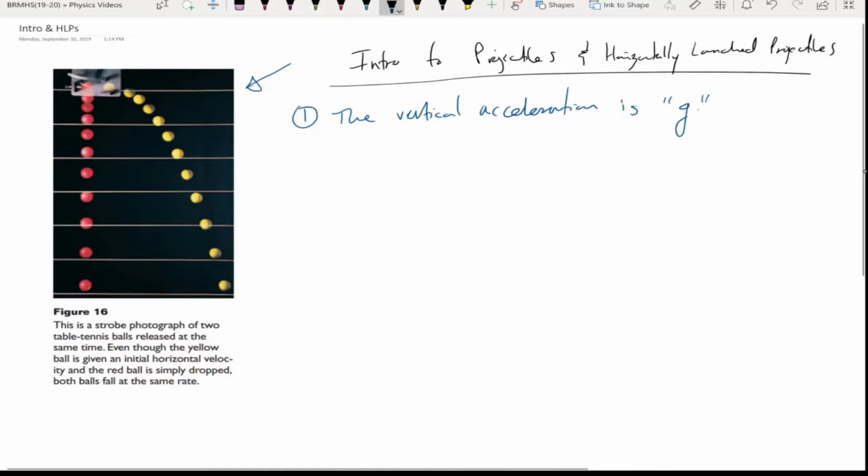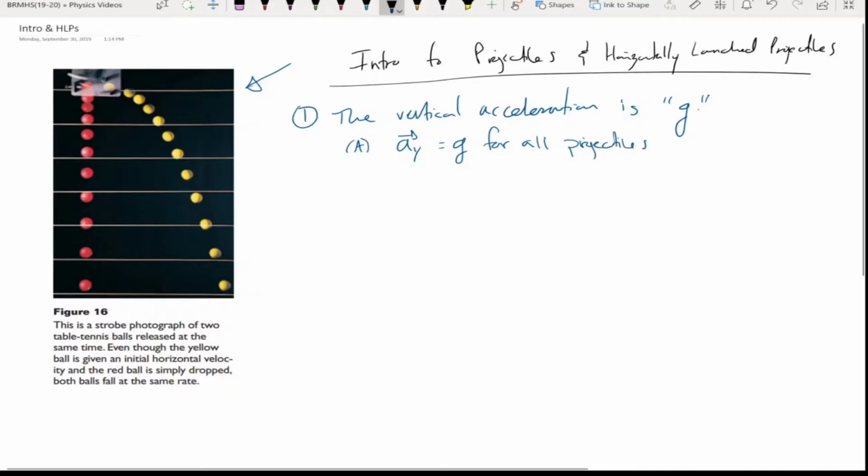That's true for all the projectiles we deal with, whether they're projected horizontally or if you launch them up at an angle, if you launch them off a cliff with a down angle, the vertical acceleration is little g. Okay, so one way we might state that is the acceleration, which is a vector, in the y direction is equal to g for all projectiles.